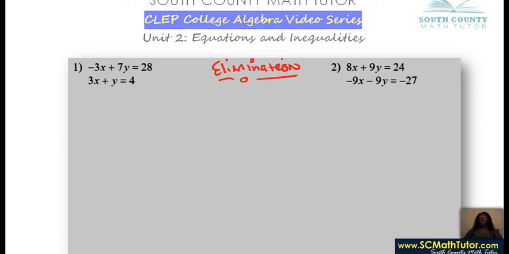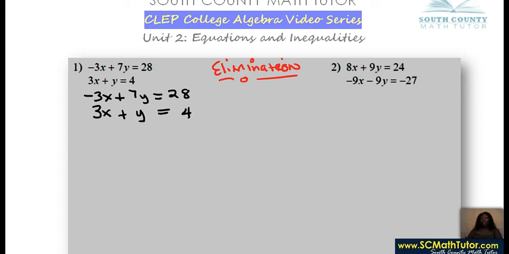So let's look at number one. Notice I'm going to rewrite number one so that the equations are exactly on top of each other. So you have -3x plus 7y equals 28, and then 3x plus y is equal to 4.